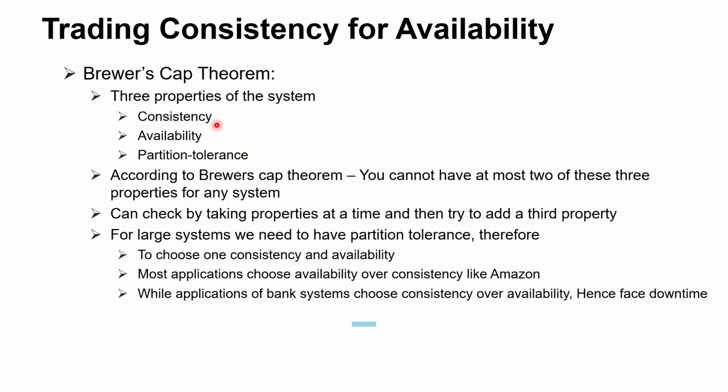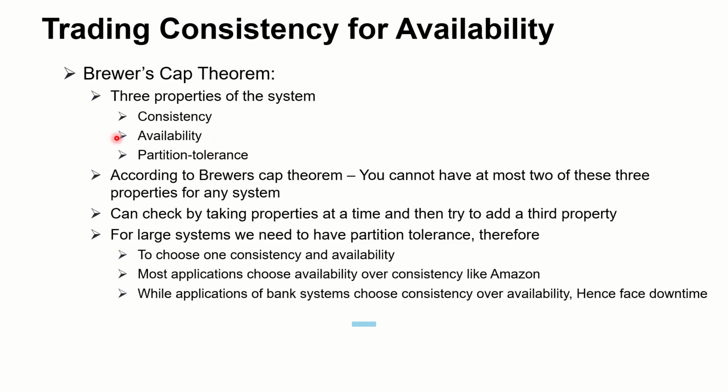We can take any of these examples. Let's take availability and partition tolerance. Our system is always available to handle any type of request, and partition tolerance means our system will be able to tolerate the partitions also, but our system will not be able to get consistency in that case.